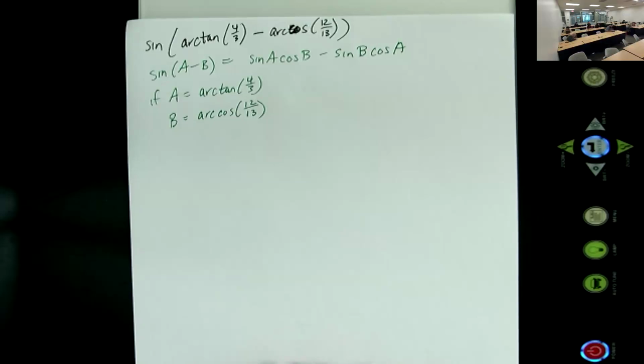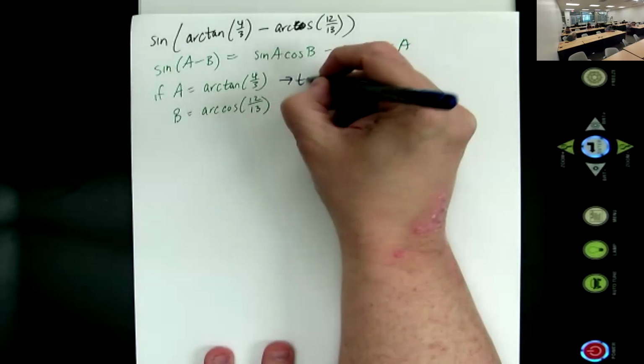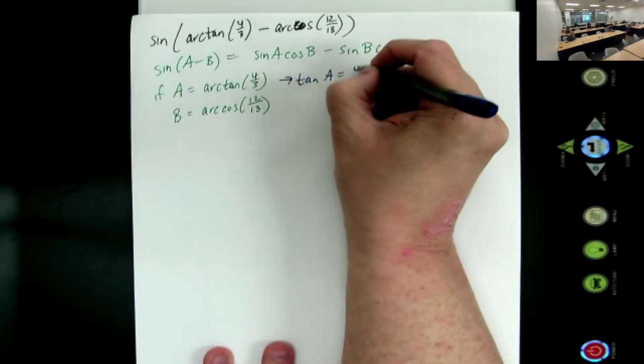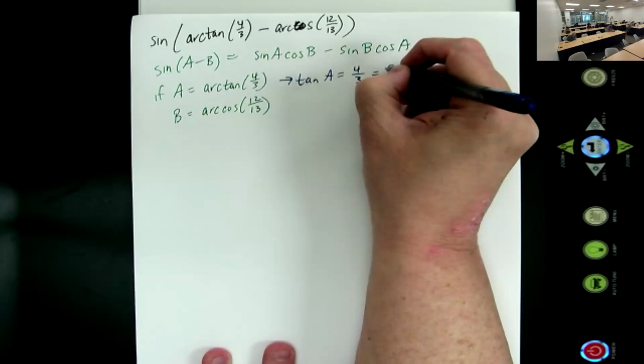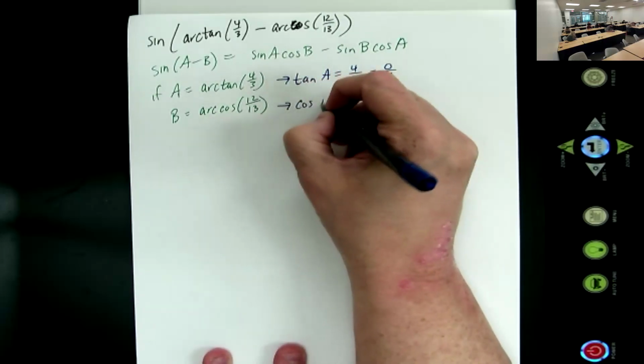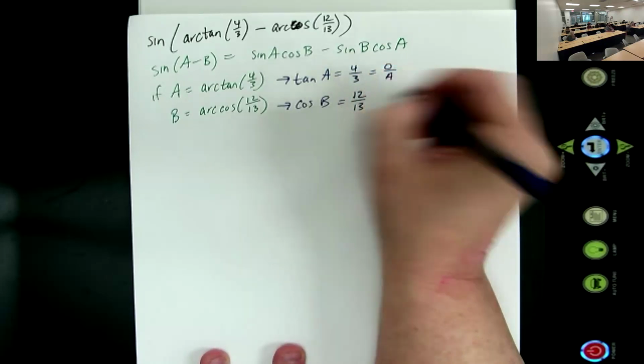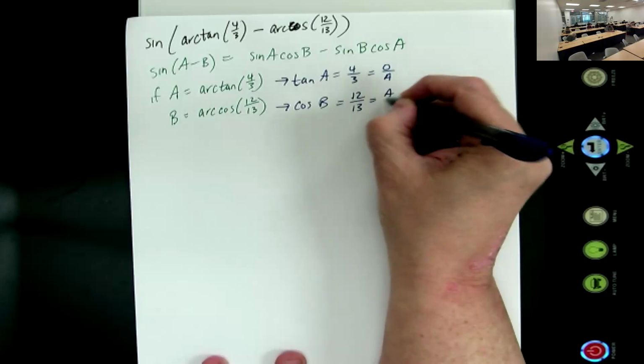So we're gonna need those. So maybe let's do some triangles. This is saying tangent of A is 4/3, which would be opposite over adjacent. And this is saying cosine of B is 12/13, and that's adjacent over hypotenuse.